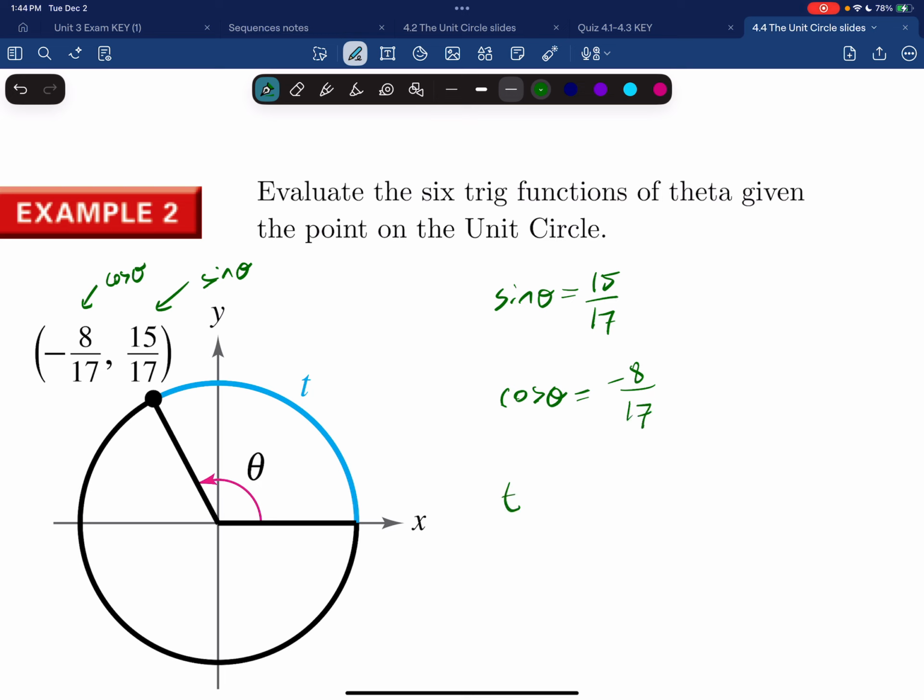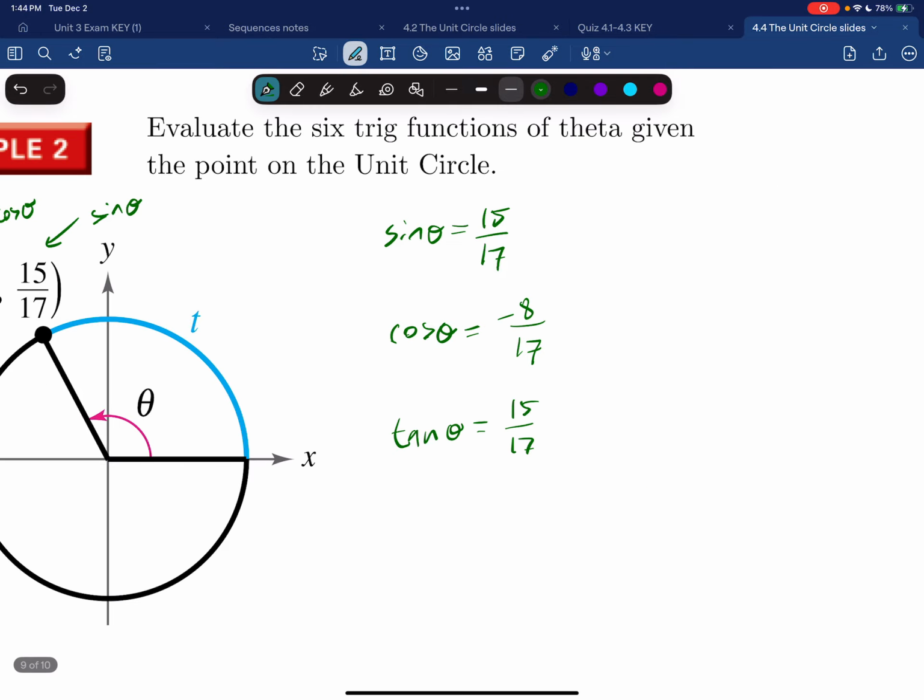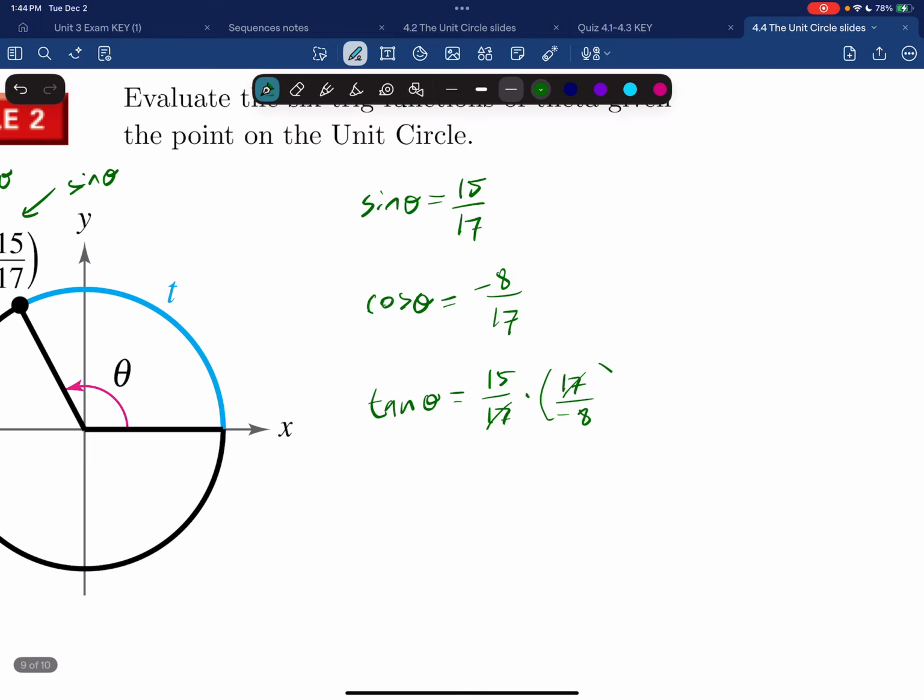And then again, tangent of theta is just sine divided by cosine. So if I do 15 over 17 and I divide by negative 8 over 17, that's really multiplying by the reciprocal, so 17's cancel. I'm left with tangent is negative 15 over 8.